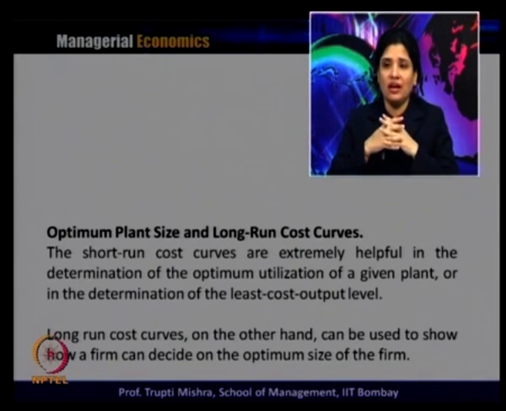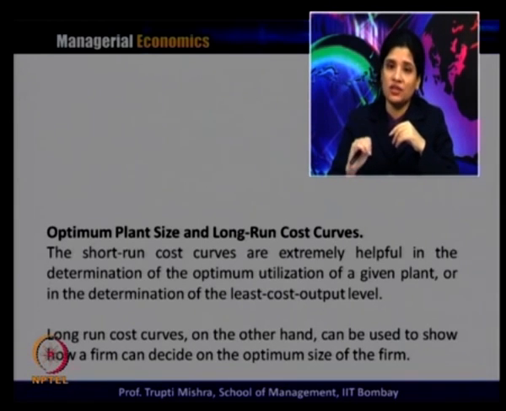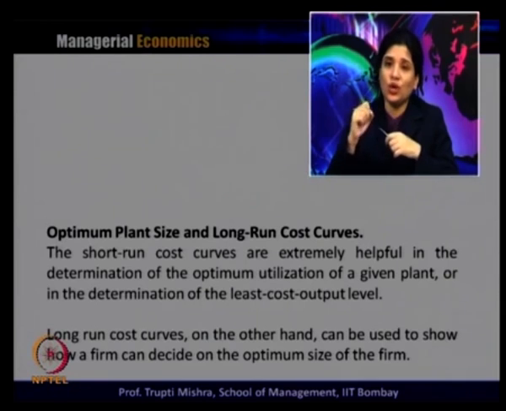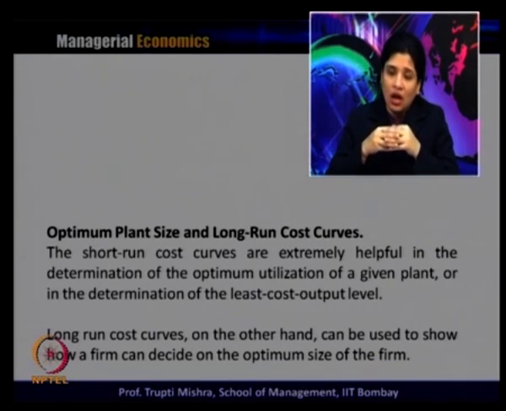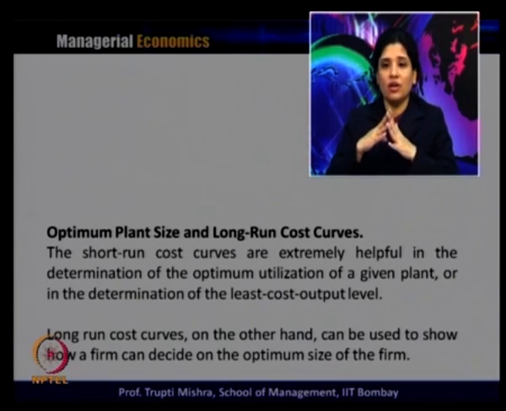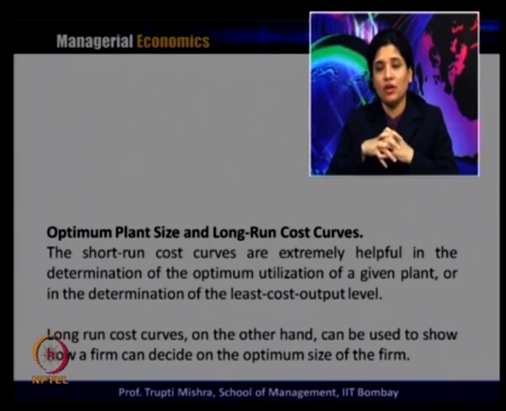Generally the short run is helpful in the determination of the optimum utilization in the case of a given plant. In other words, it helps the business determine the least cost output level, meaning what is the optimal output which can be produced with the lowest cost of production. However, when it comes to long run cost analysis, the long run cost curve on the other hand can be used to show how a firm can decide on the optimum size of the firm.